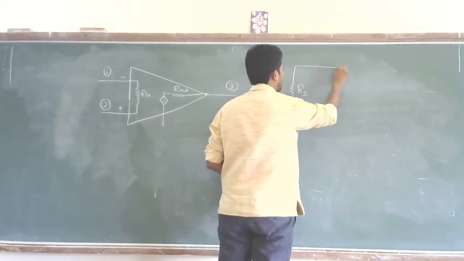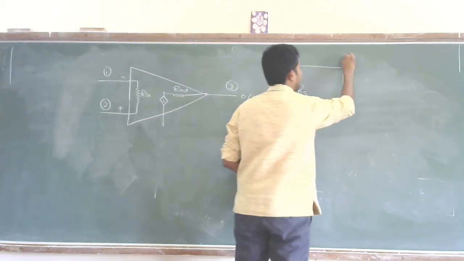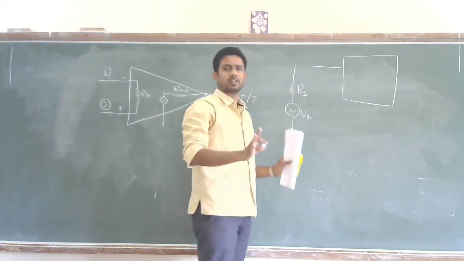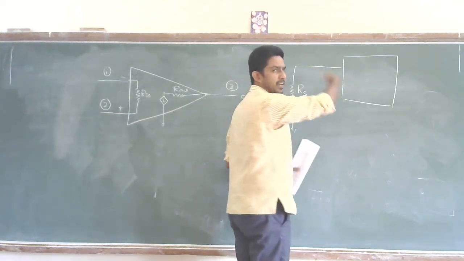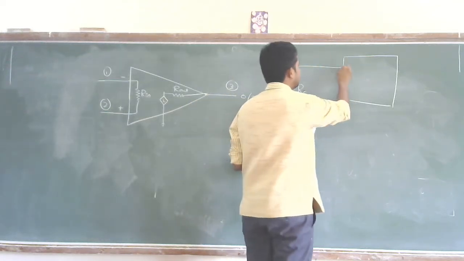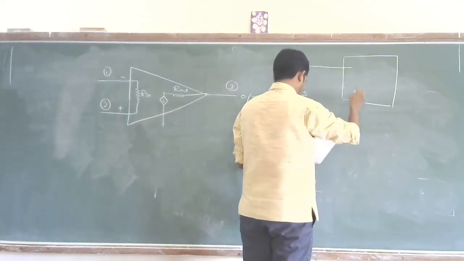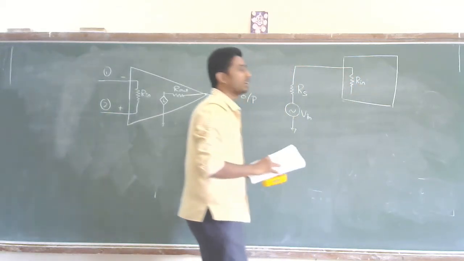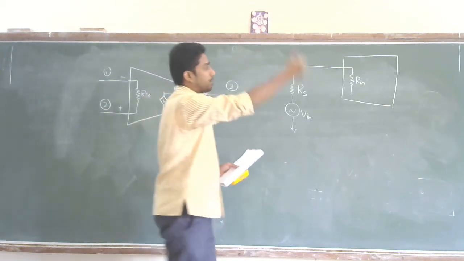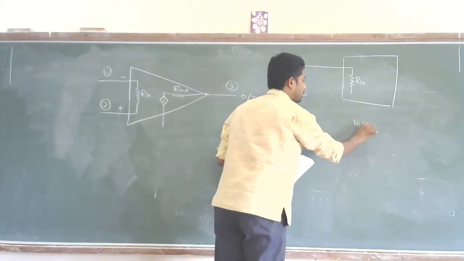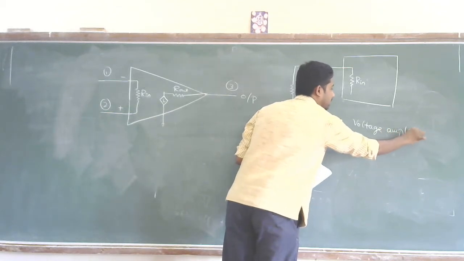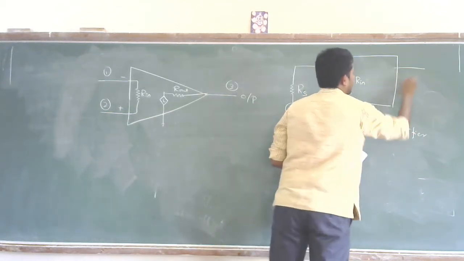Then I will draw a black box representation of the op-amp, a general circuit, a general structure. Then I will consider the input resistance of the voltage amplifier somewhere over here.